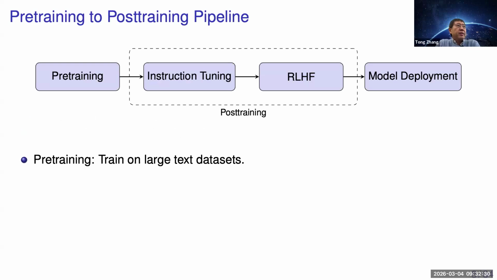So if we look at the pipeline, right? We know there's pre-training. Basically, you just train next token prediction on vast internet text, and after that you learn the basic structures.